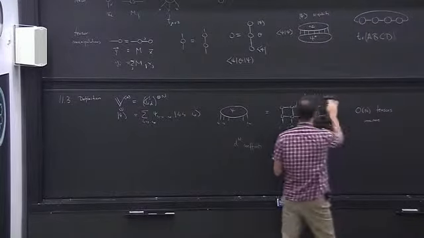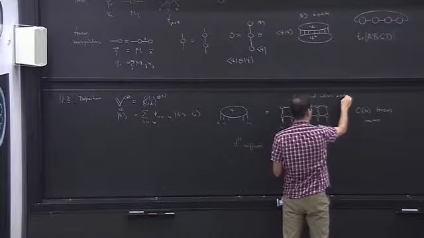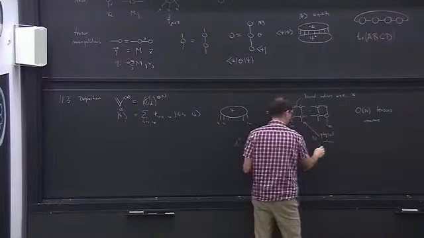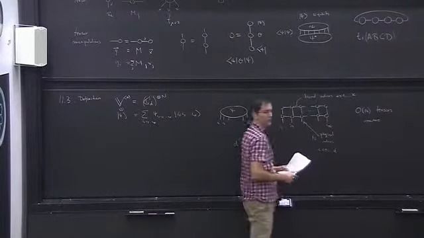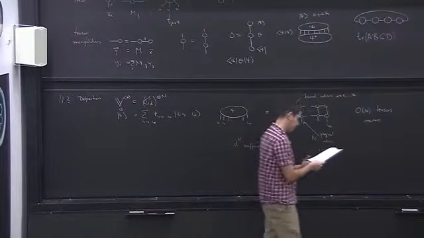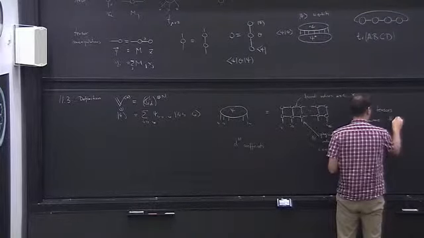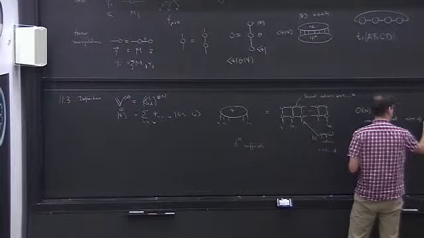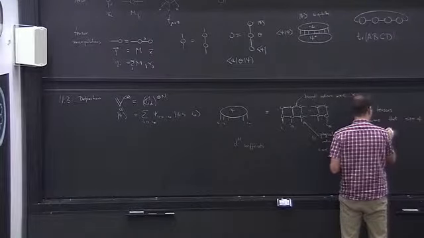Each bond index, say alpha, runs from 1 to some value chi. The physical index, say i, goes from 1 to d. I'm going to assume that the size of the tensors is independent of n.